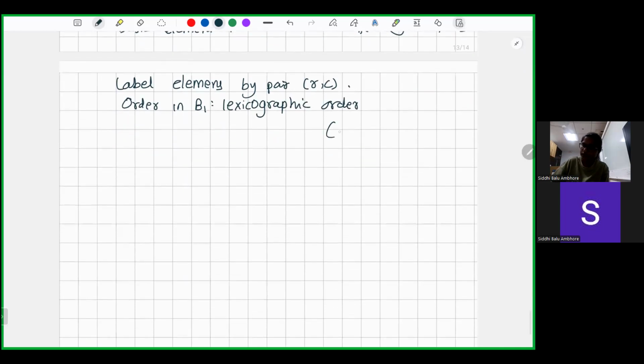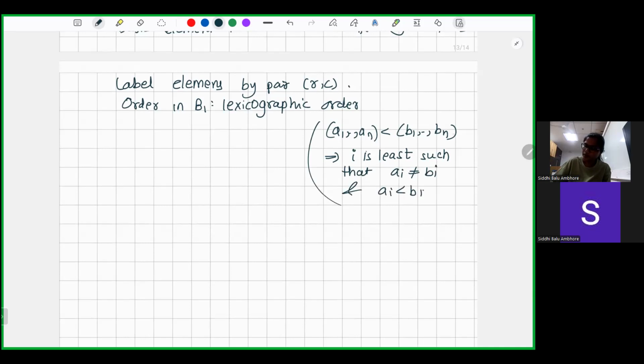So lexicographic order means if I say (A1, ..., AN) is less than (B1, ..., BN), this implies that for the least I such that AI is not equal to BI, AI is less than BI. This is my lexicographic order, also called dictionary order.